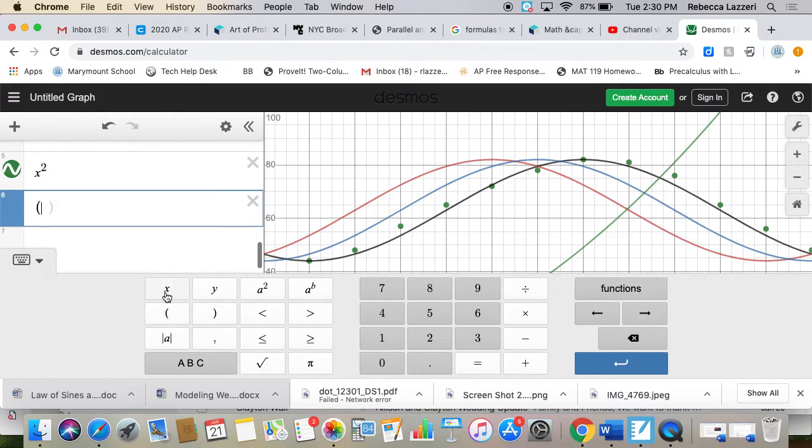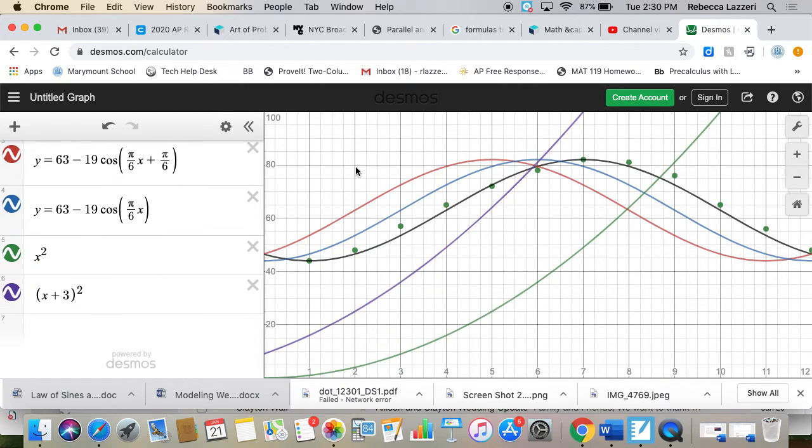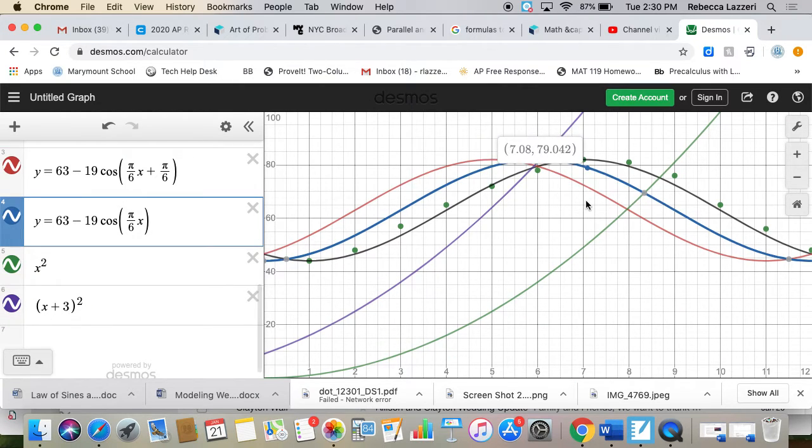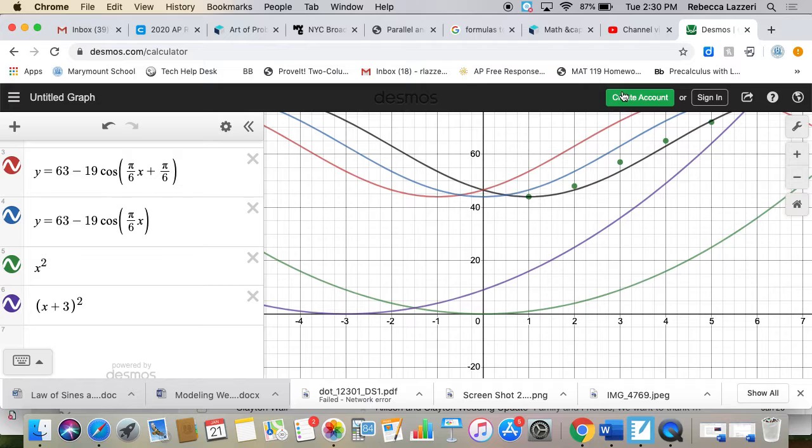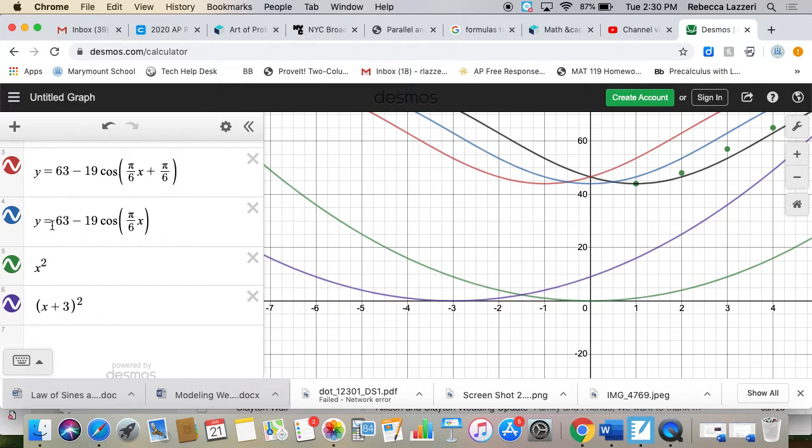And girls, listen, this is for everybody. If I go x plus 3 squared, it's going to shift. I'm going to turn off the purple, everybody. Look, I'm turning off the purple. When I turned the purple on, it took that same picture and moved it back 3. So your phase shift's just sliding it left and right, to get it in phase or in sync.